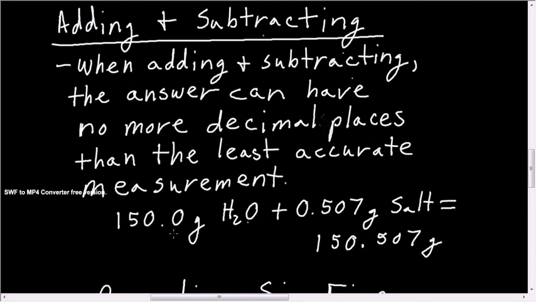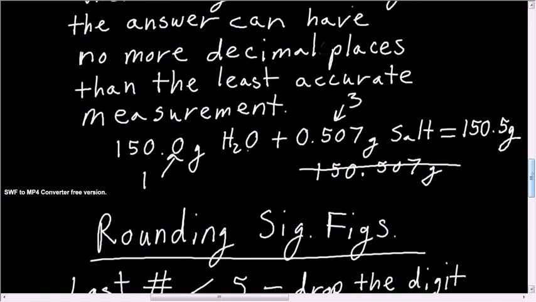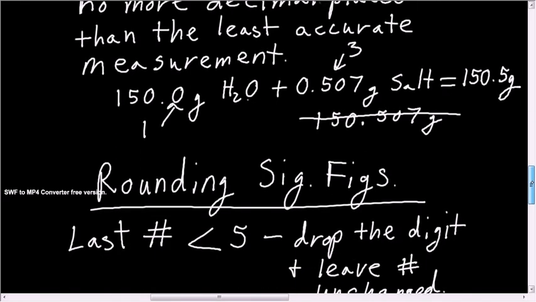I have 1 decimal place here, and I have 3 decimal places here, so I can only have 1 decimal according to this. So I'll get rid of this number, and I'll report my true value as 150.5 grams. So no more decimals than the least decimal places you have.